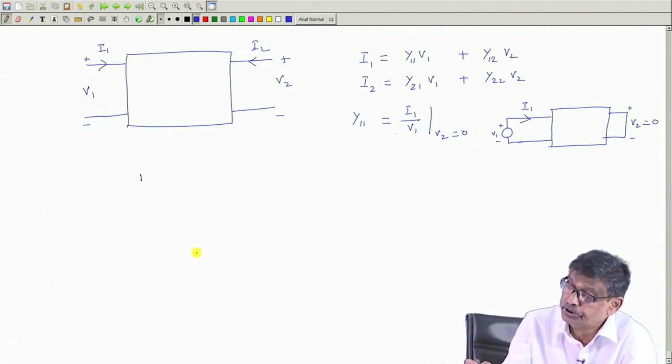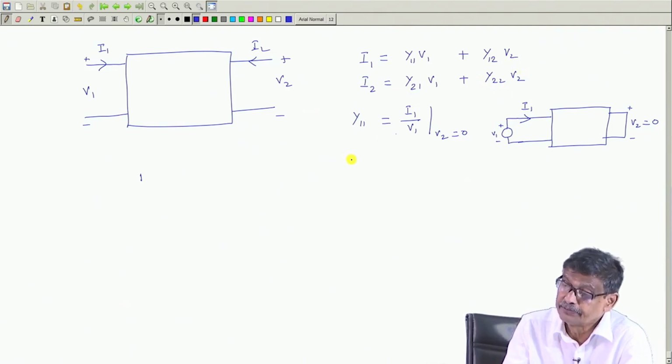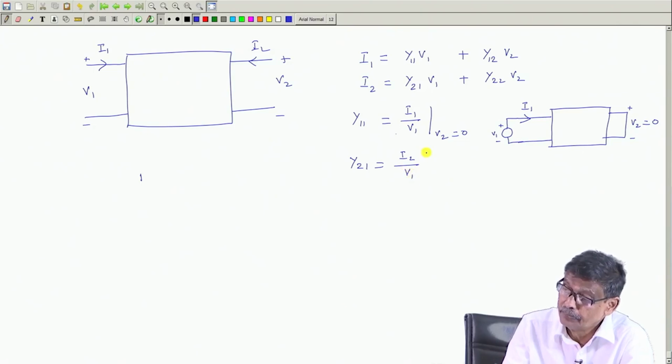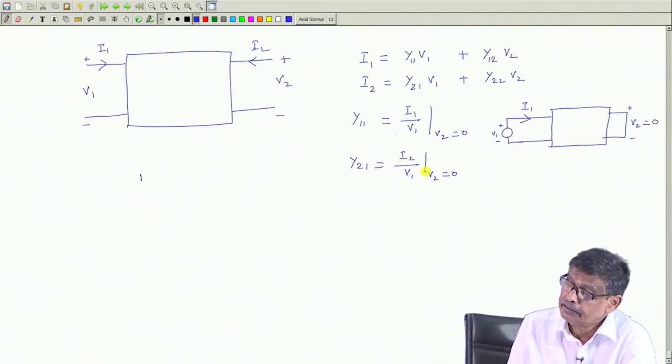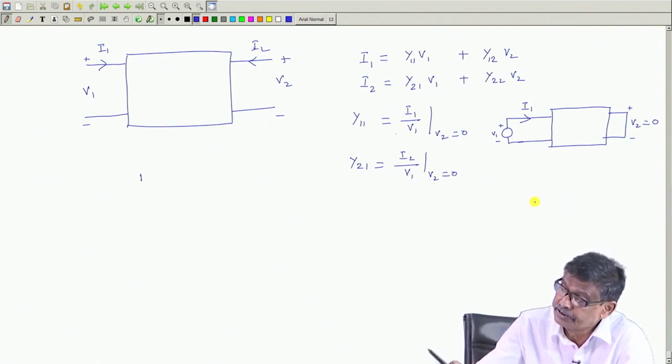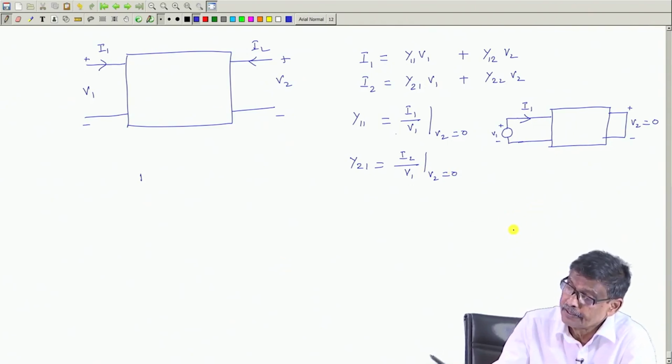V 2 is equal to 0, that means these two terms will be absent. So, I can find out the first column terms, Y 21, which will be equal to I 2 by V 1 with, do not forget to write, V 2 equal to 0. That is, you short circuit the output port and excite this with a voltage source.